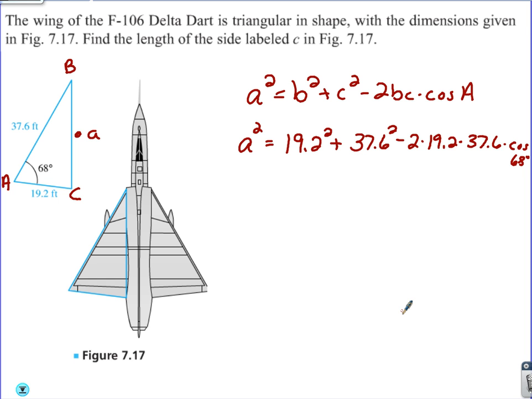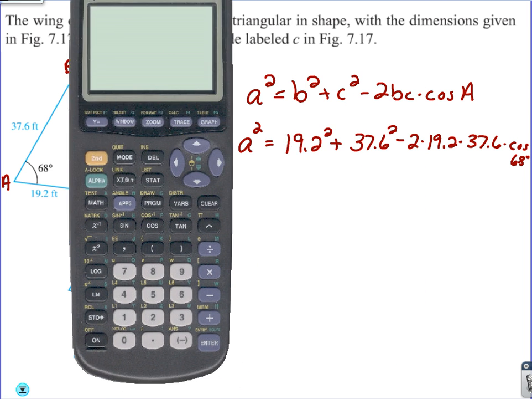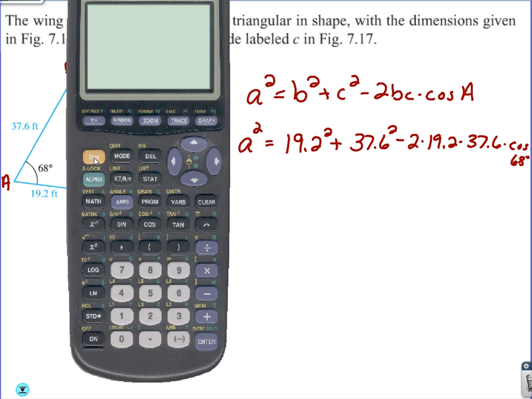You can type that whole thing in your calculator. And to save yourself another step, why don't you get rid of the squared while you're typing it into the calculator? How do I get rid of a square? Square root. So to save even more time, I go ahead and do the square root of all that.